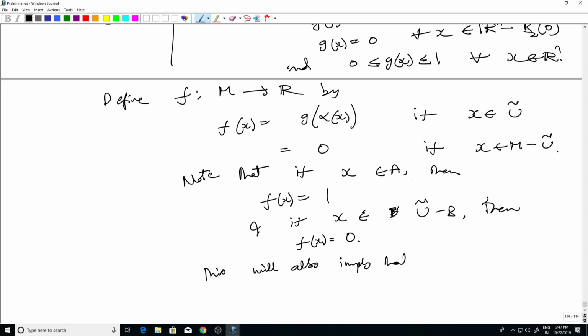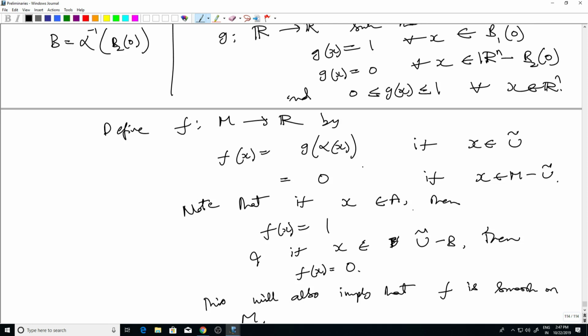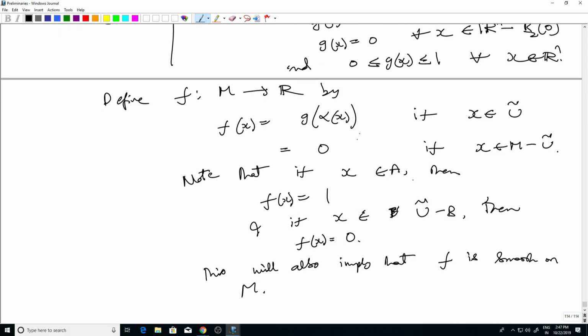that f is smooth on M. Whenever we define functions in a piecewise fashion like this, one has to be careful that smoothness holds everywhere. One has to check that.